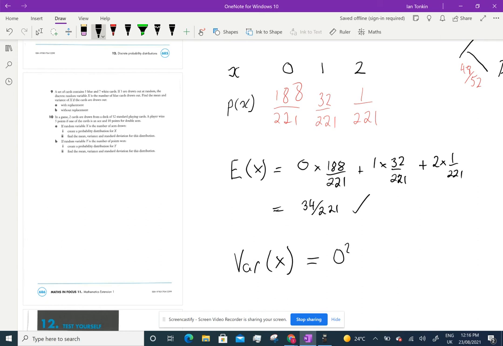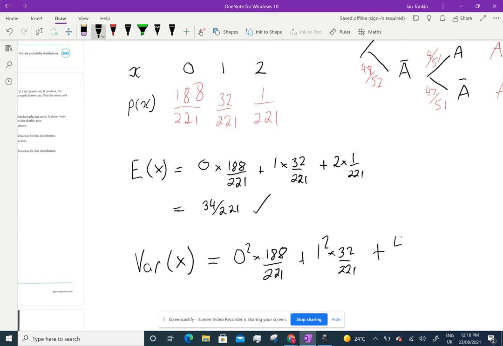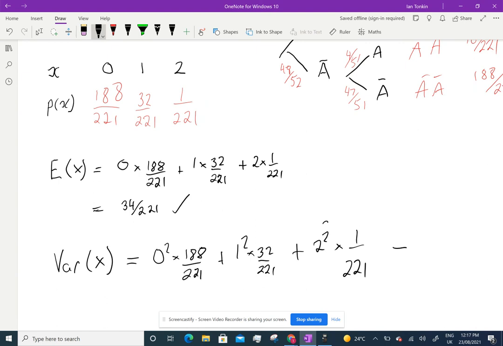So 0 squared times 188 on 221 plus 1 squared times 32 on 221 plus 2 squared times 1 on 221, and then I've got a minus this thing squared.